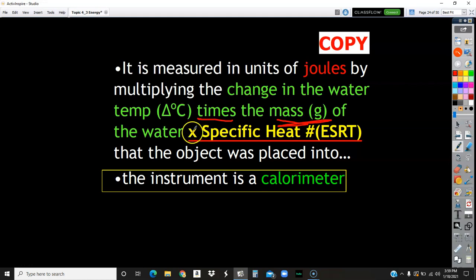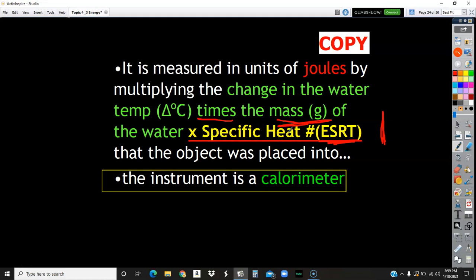And then there's a special number. Every substance has a certain amount of heat that it needs to raise its temperature or lower its temperature. It's called its specific heat number. These numbers are right on the reference table, actually on the first page. If you look on the front cover in the upper right-hand corner, you'll see a chart that lists some common materials and their specific heat numbers.